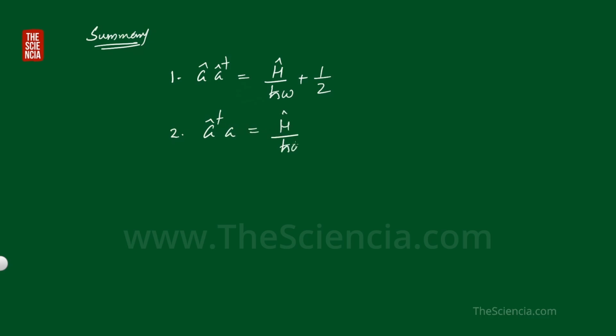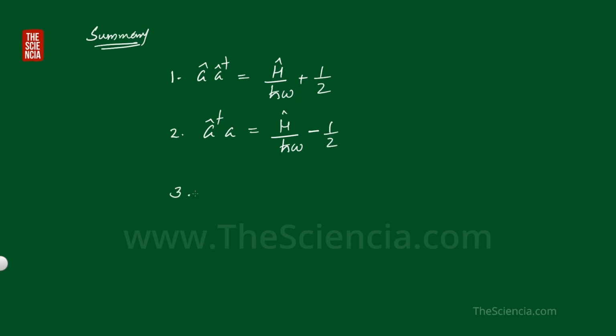Now let us summarize. First one is A A dagger is equal to H cap by H cross omega plus 1 by 2. Second one is A dagger A is equal to H cap by H cross omega minus 1 by 2.